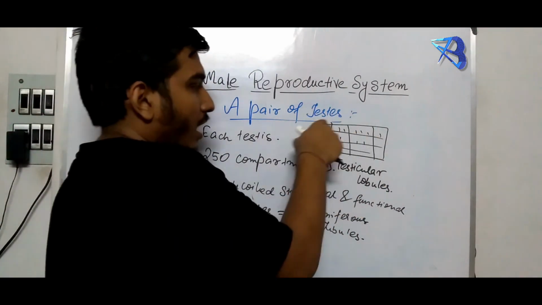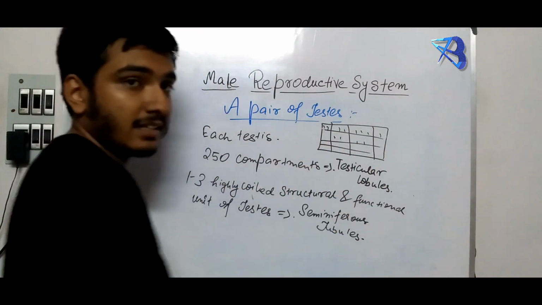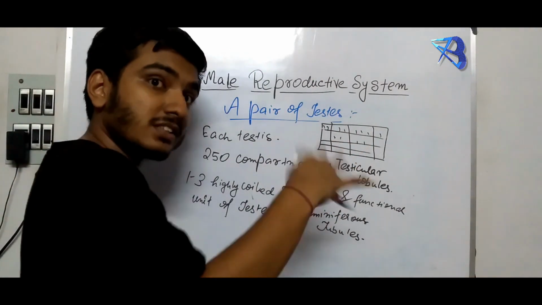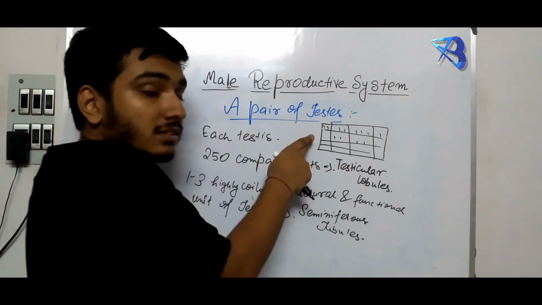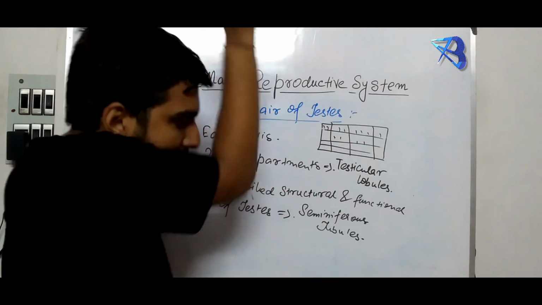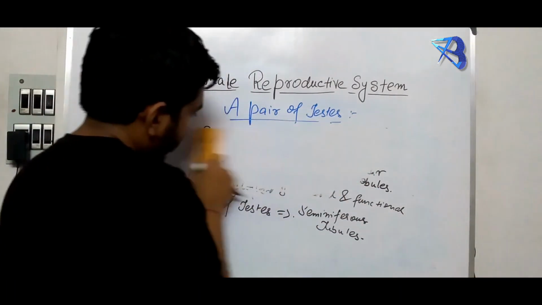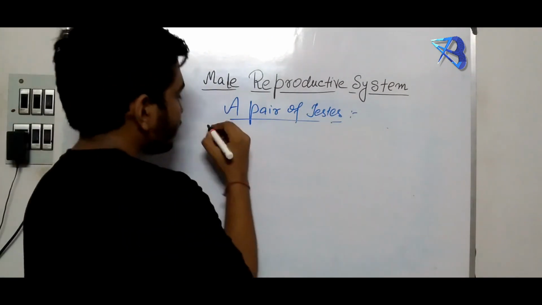So this total house is the testis. The 250 compartments in it are the testicular lobules, and the 1 to 3 tubules are the structural and functional unit of this total house. These are known as the seminiferous tubules. Okay. Now let's discuss the seminiferous tubules.